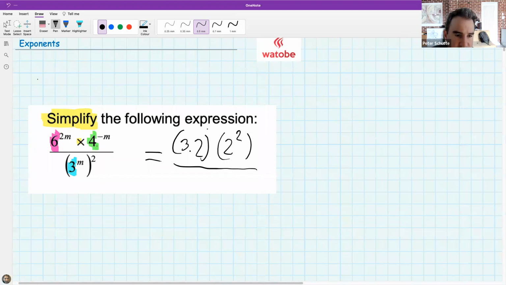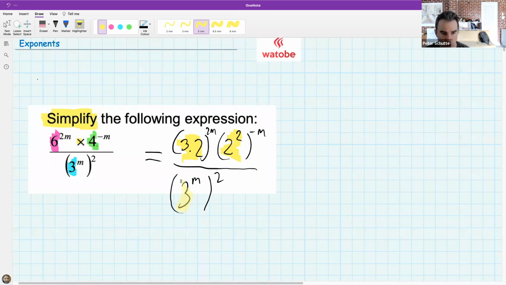The other stuff that was already there, the 2m and the minus m, was there already. So that's the first step that I would do. On the bottom, I'm just going to leave it as it is for now. What that means is now all my bases are at least 3s or 2s, which is helpful.